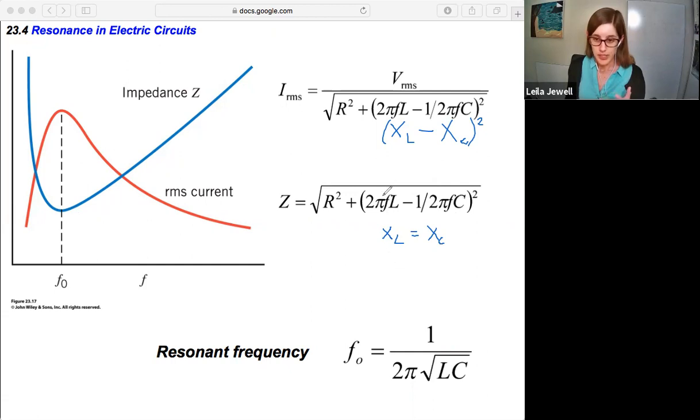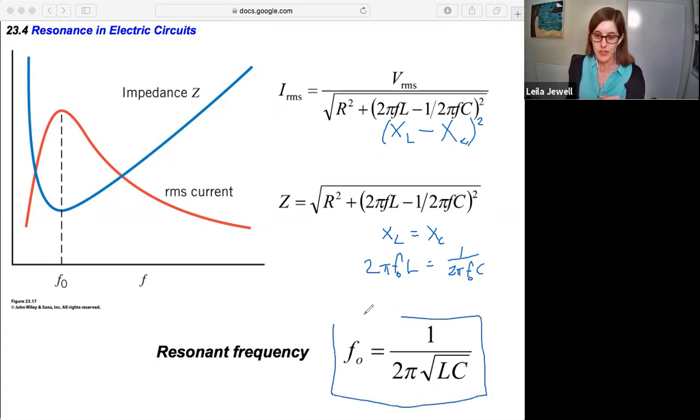And if you plug in those values, 2 pi f naught, which is the resonant frequency, times L, is equal to 1 divided by 2 pi f naught C. And you can solve for the resonant frequency, multiply it up there, divide by 2 pi L, take the square root, and you'll find that the resonant frequency is as shown, 1 over 2 pi times the square root of LC.